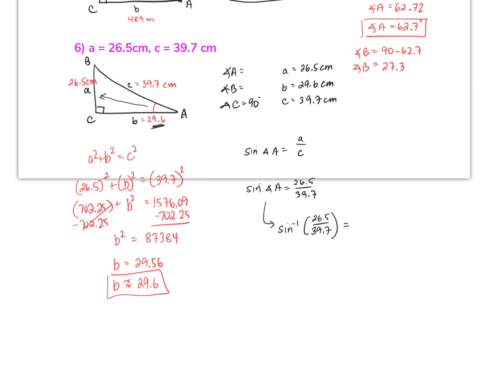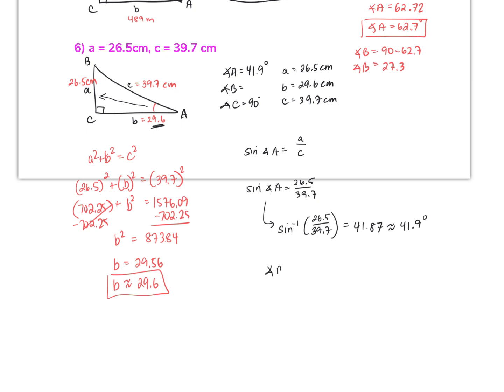You're going to get that decimal, and then you're going to do inverse sine of that. Your calculator may have a different order, but if you did it right, you should get 41.87, which is approximately equal to 41.9 degrees. So A is 41.9 degrees.